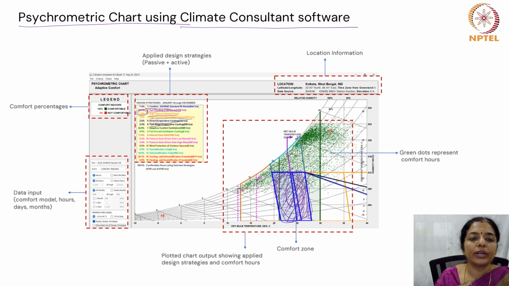Evaporative cooling, so you can see here, direct evaporative cooling forms 2% and it involves cooling air by evaporating water effectively in dry climates.